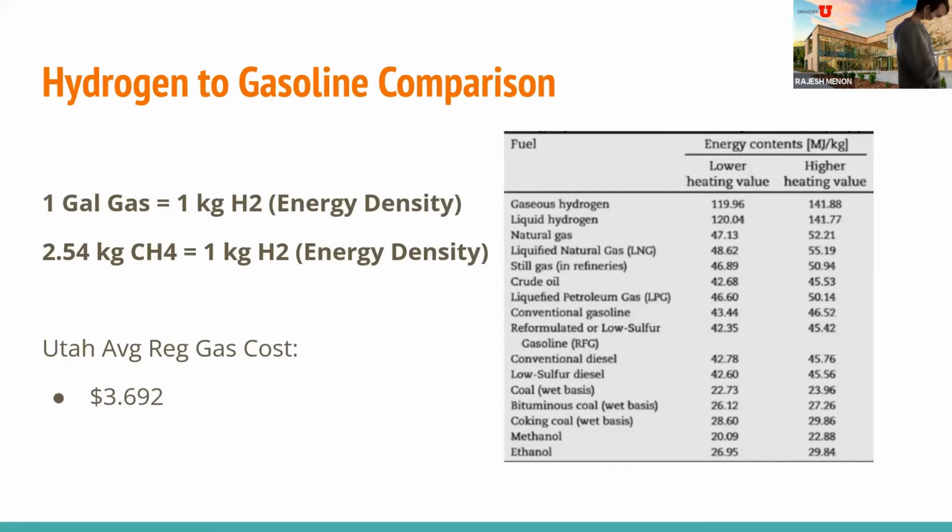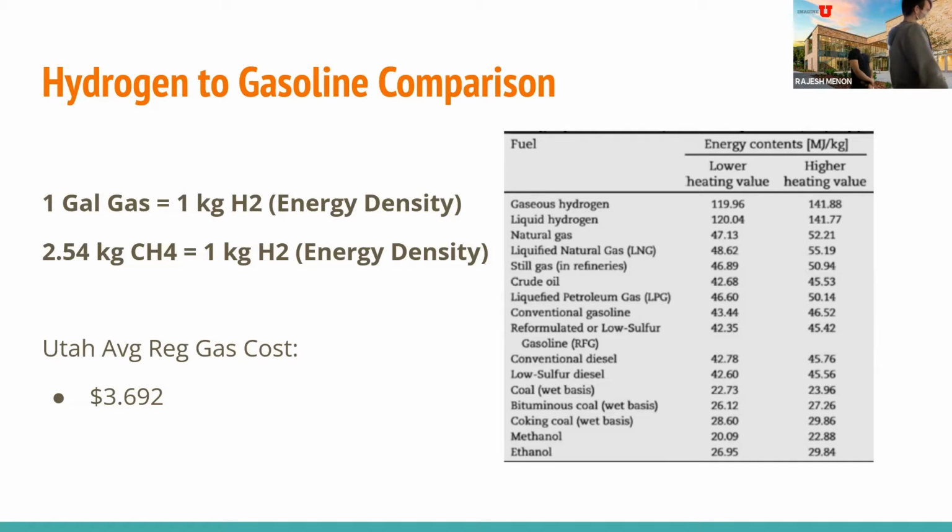Let's see, got to hurry through this. So here's our comparison of energy density. We've shown this almost every presentation so far, but 1 gallon of gas is our goal cost, to try to get around that cost so we can get a green energy for around the same cost as a gallon of gasoline.